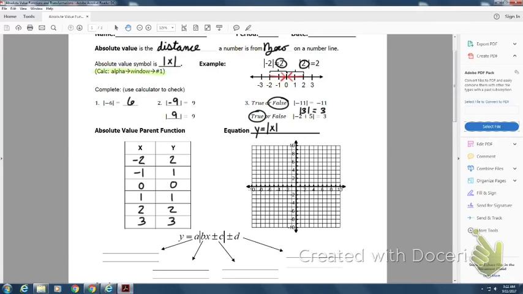So we'll come over here and graph these. So which one of these points would be the vertex? 0, 0. Someone explain what I mean when I say vertex on that graph.